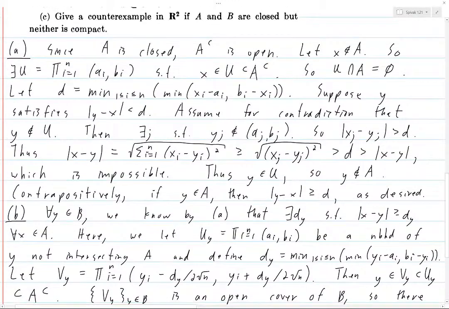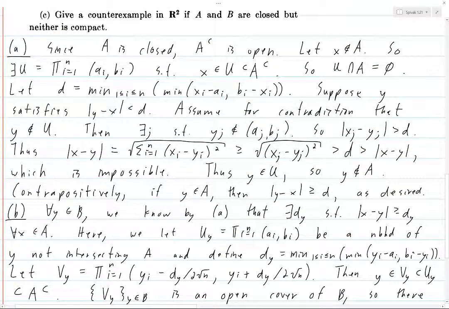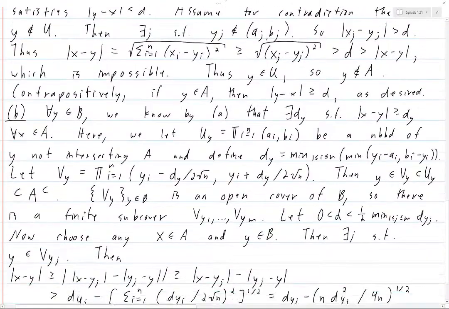I did. Give a counterexample in R2 if A and B are closed, but neither is compact. Okay, here's what I'm thinking for this.